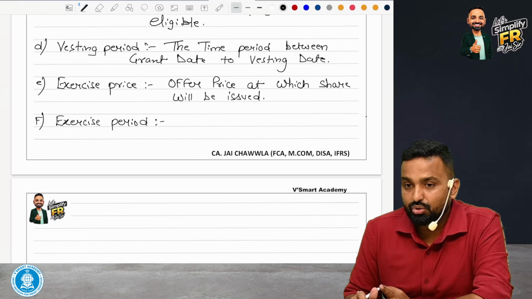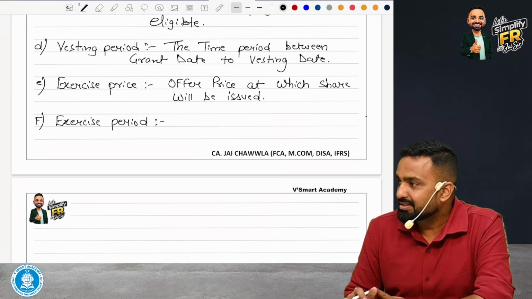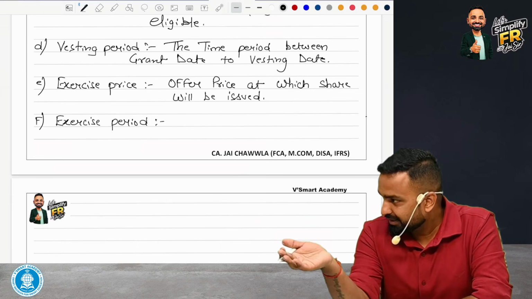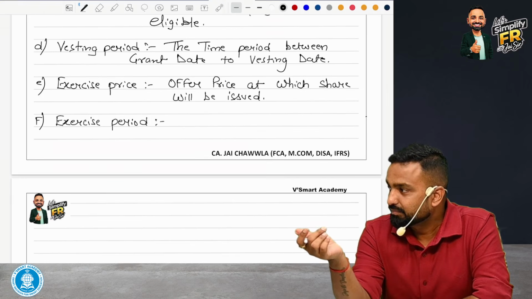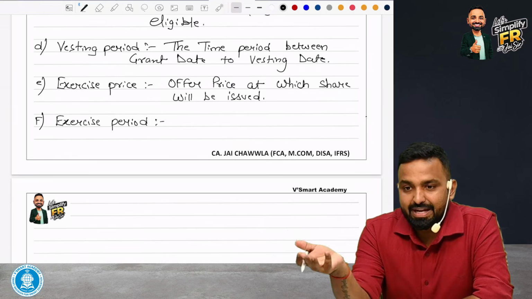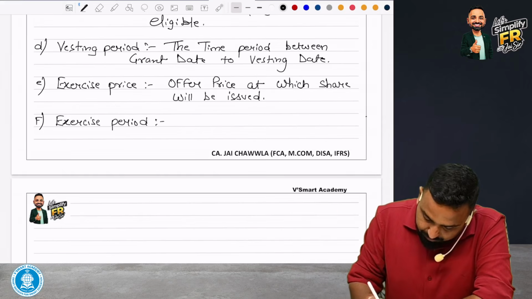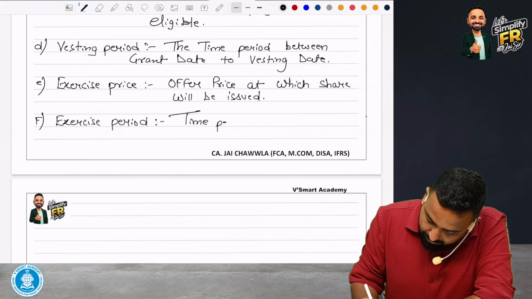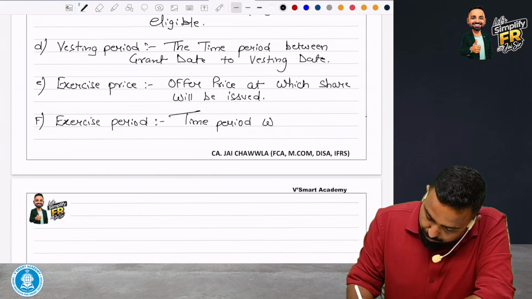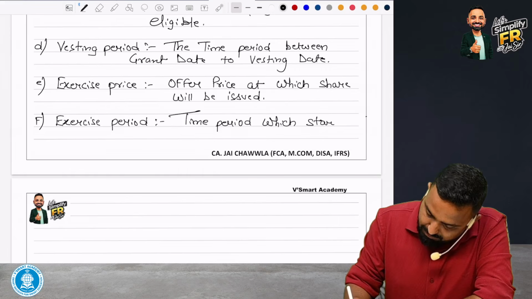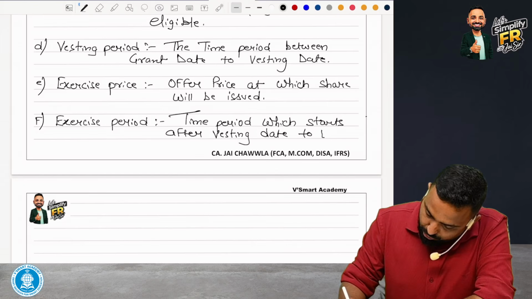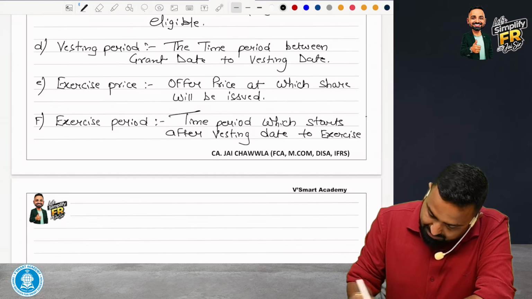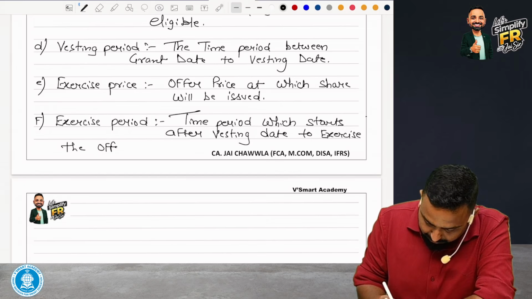Exercise period basically starts after the vesting date. For what purpose? A time period given to exercise the option, है ना? Time period which starts after vesting date to exercise the offer.